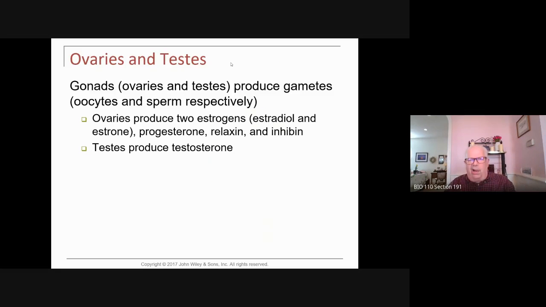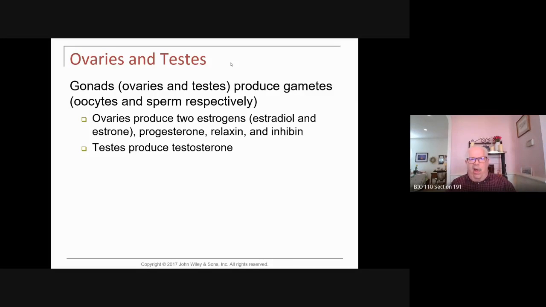We will talk a lot more about the ovaries and testes when we get into the reproductive systems, okay? Obviously, you know the gonads are the ovaries and testes. And they produce gametes. And those gametes are eggs, otherwise known as oocytes, and sperm.